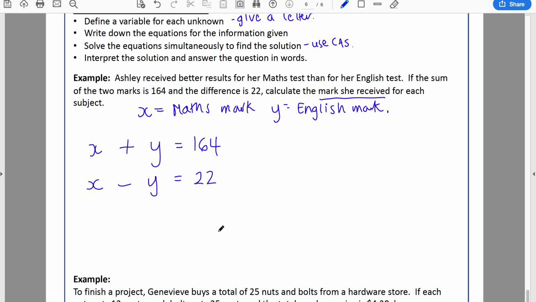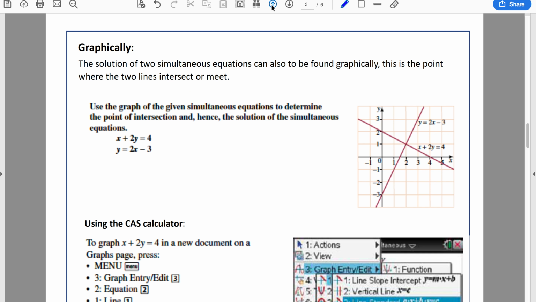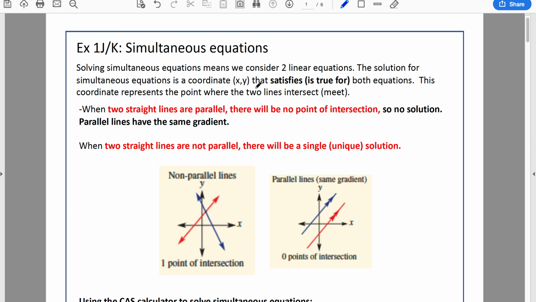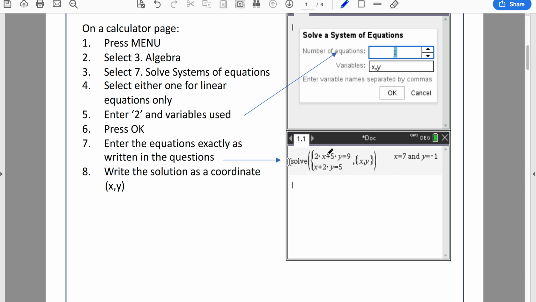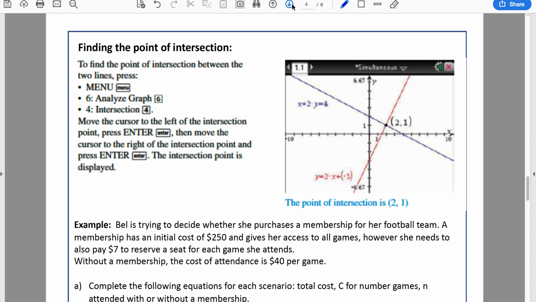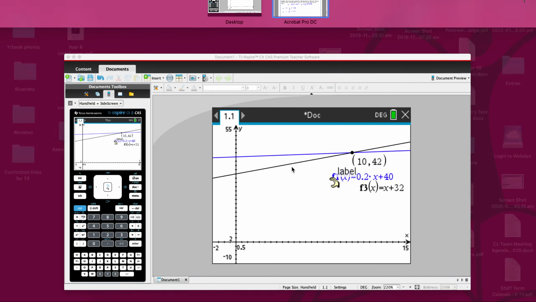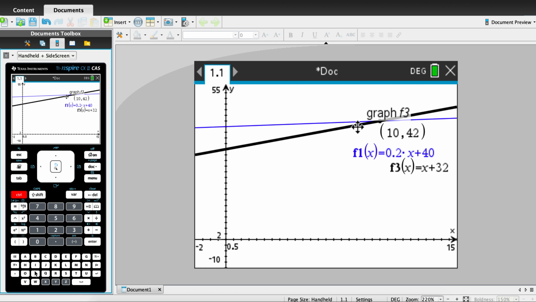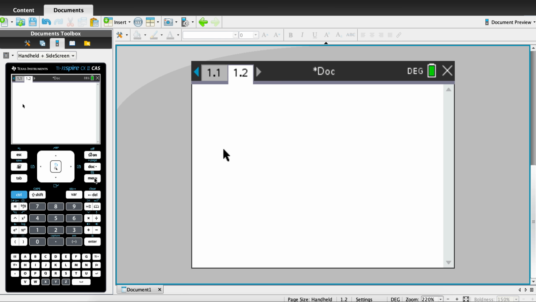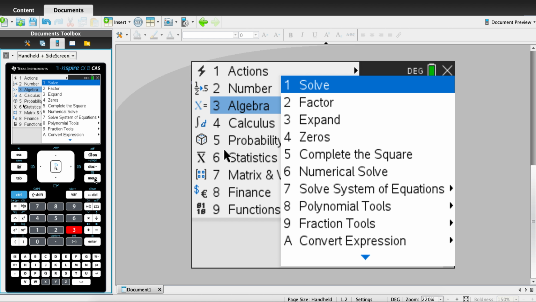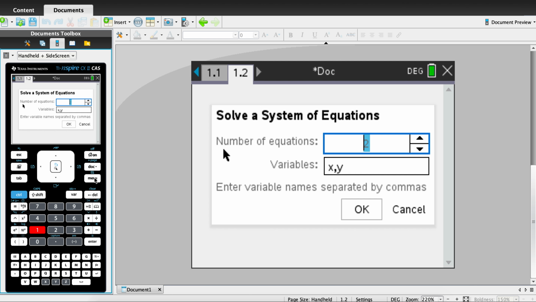All right, I've got my 2 equations. This is where I now will go to my calculator. So the steps we're going to do, I'll do it on the calculator, but if you go back here, these ones, we're going to do menu 371, and we're going to get this option come up. We're just going to type the two equations in. So I want a calculator screen for this. So press Control-I, add calculator, and then menu, we want to go 3, then 7, and then 1.